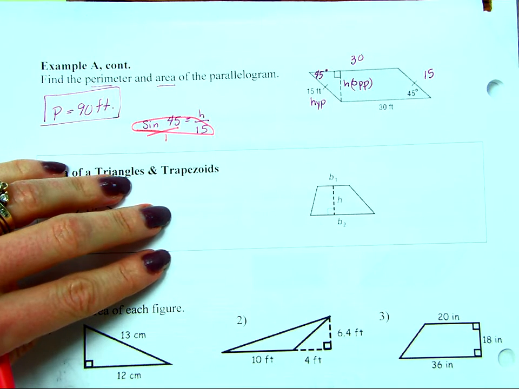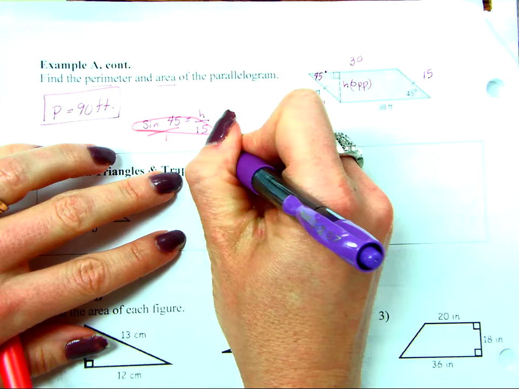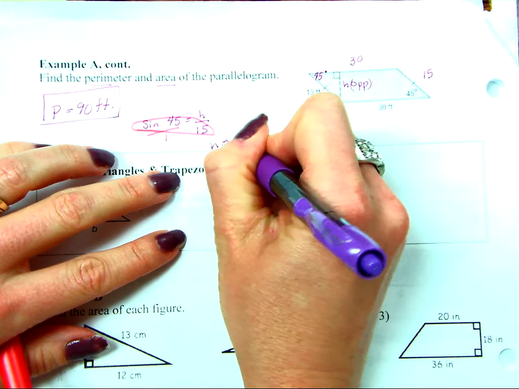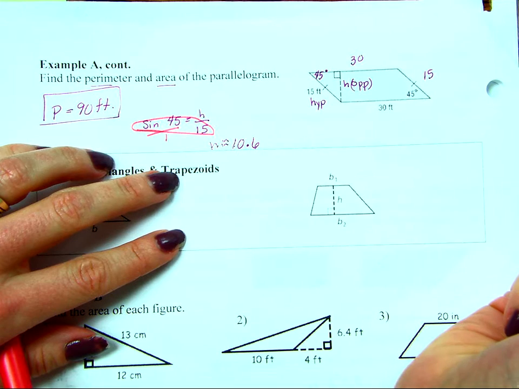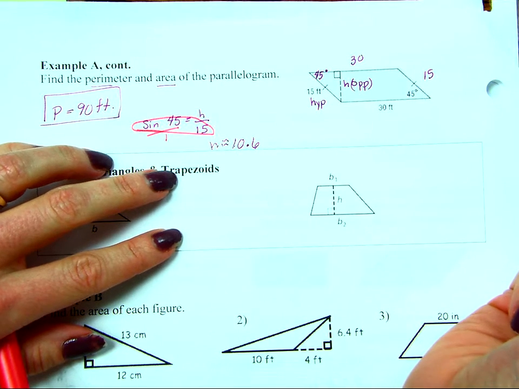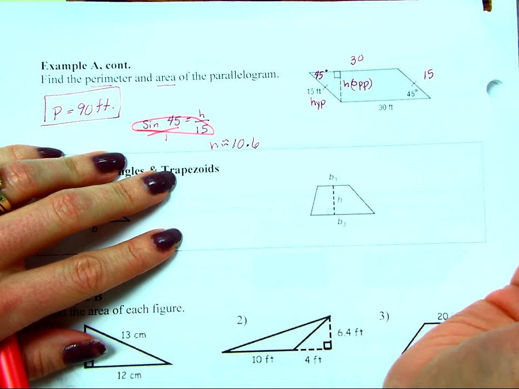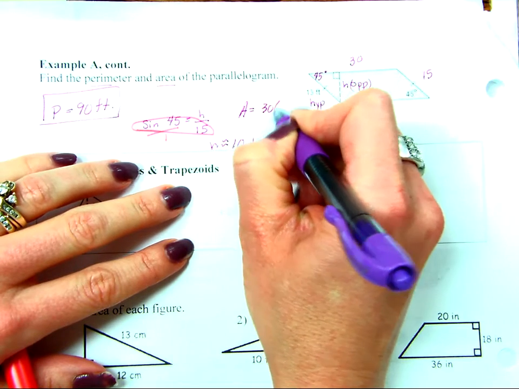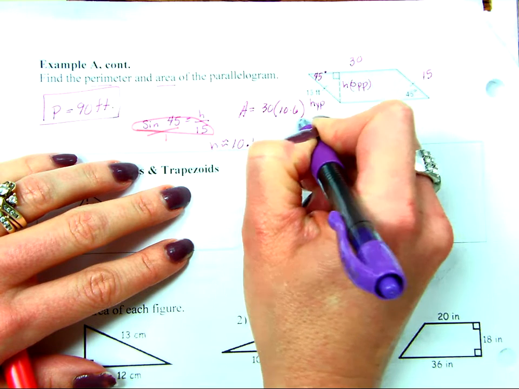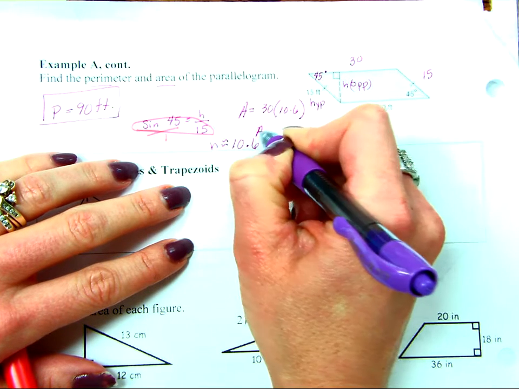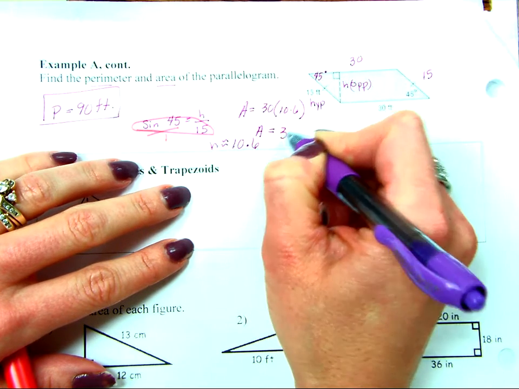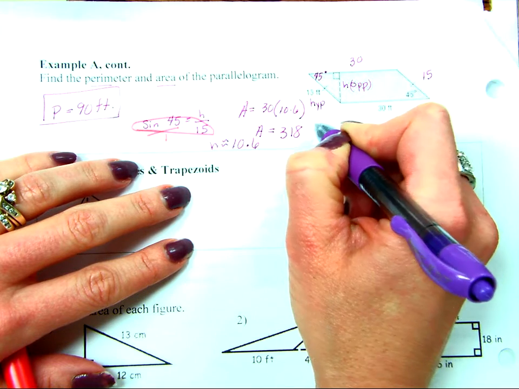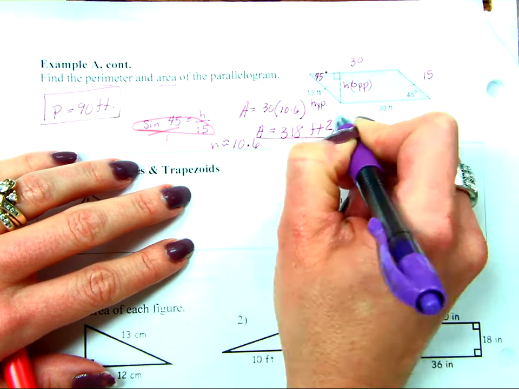We are going to have to round that off, so we're at least going to round it to the tenth, and we would find we get about 10.6. Now I can find my area. I know area is base times height, so we are just going to take 30 times 10.6. Multiply that, and it does come out nice to 318 square feet.